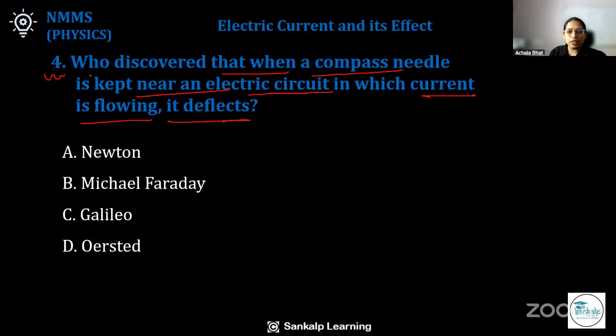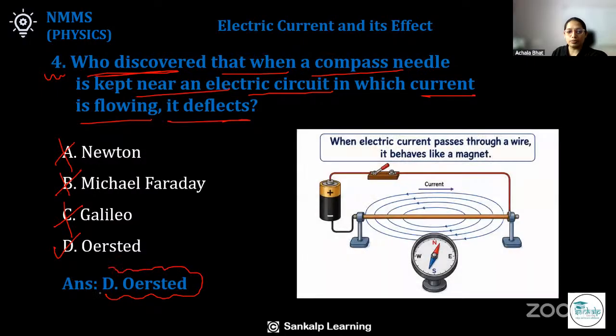Who discovered this concept? A: Newton, wrong. B: Michael Faraday, wrong. C: Galileo, wrong. D: Oersted. Yes, Oersted is the correct answer.